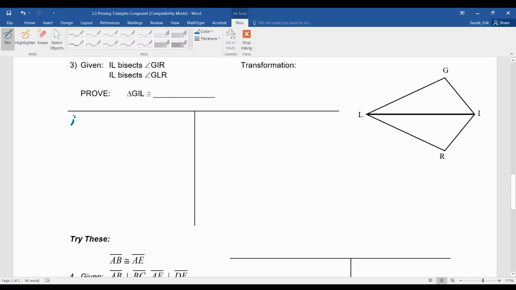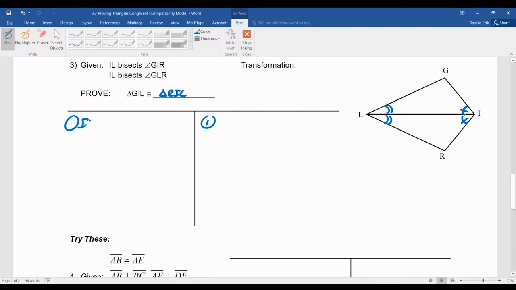Again, I like to mark things. IL bisects GIR, so that means that's congruent to that. It also says it bisects GLR, so that means that is congruent to that. And you can probably imagine that we're going to prove triangle GIL congruent to triangle RIL.